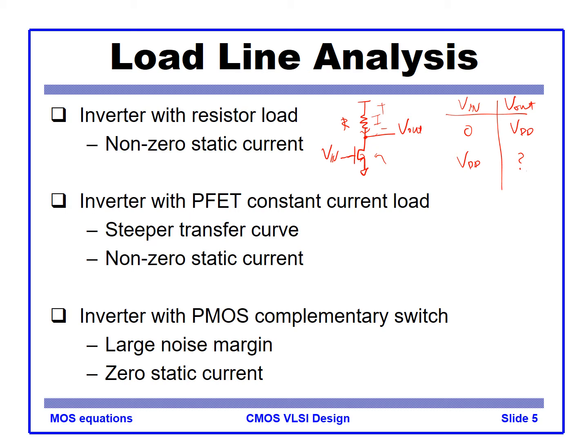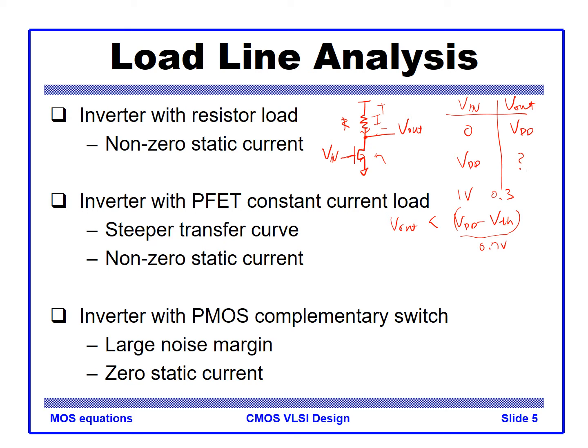To calculate the output voltage, we have to know the operating region of the MOS. We assume that Vout is less than VDD minus VTH. This is the overdrive voltage of the MOS.